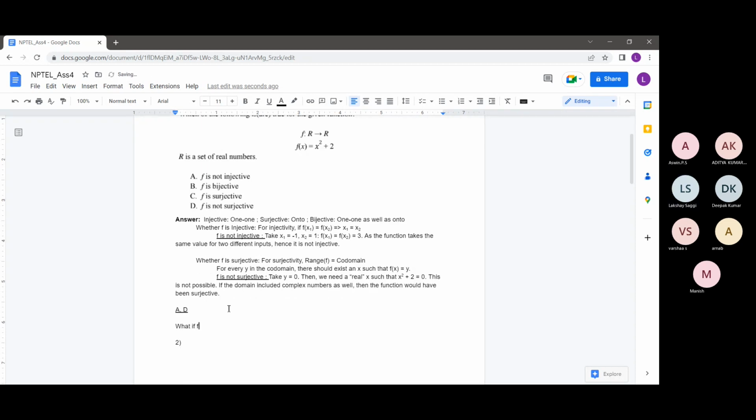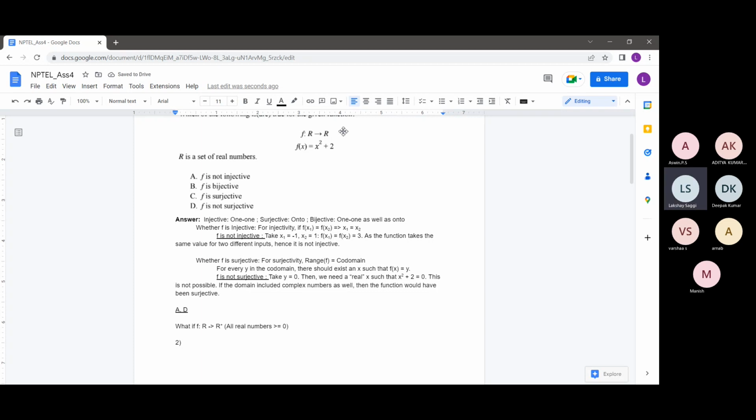What if the function was given as f of x is x square plus 2 only, the domain was R, but the codomain was limited to R positive only, which is basically all real numbers greater than or equal to 0.